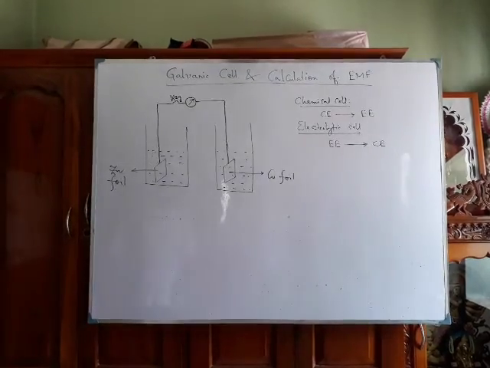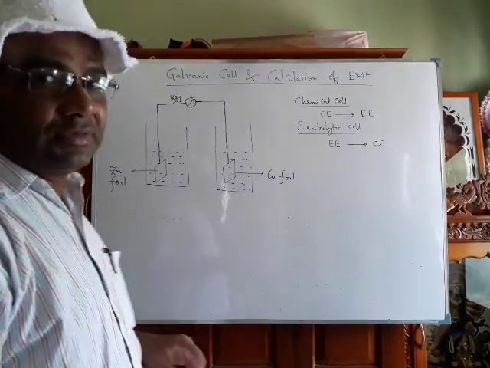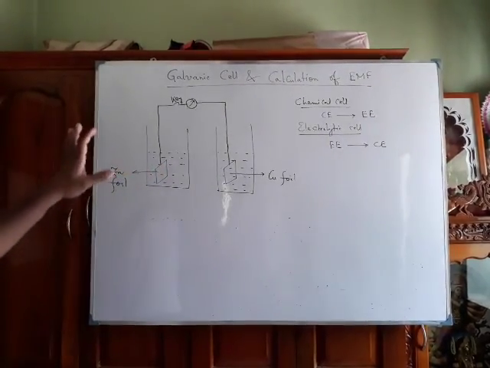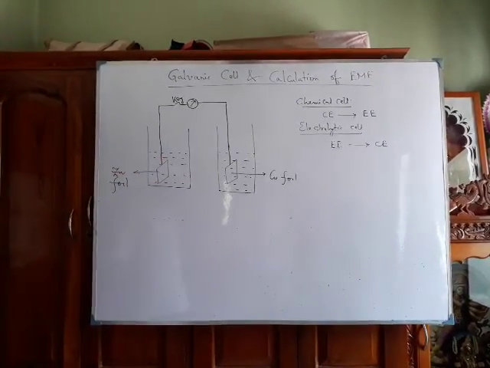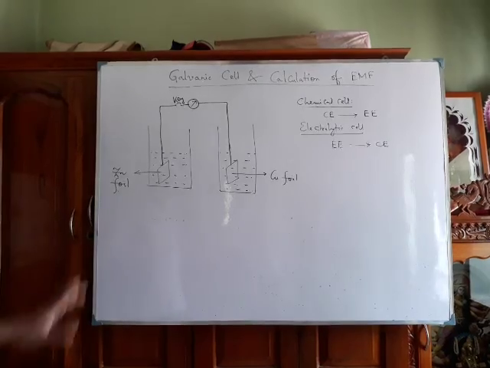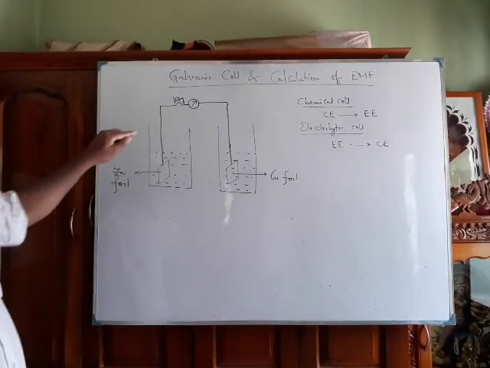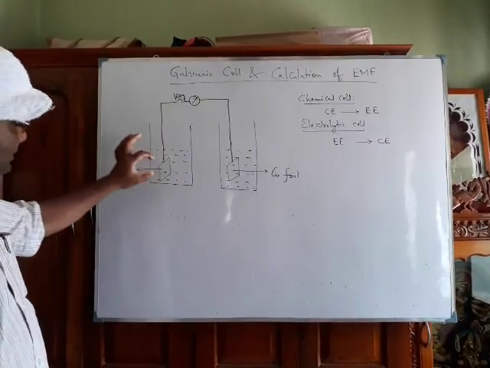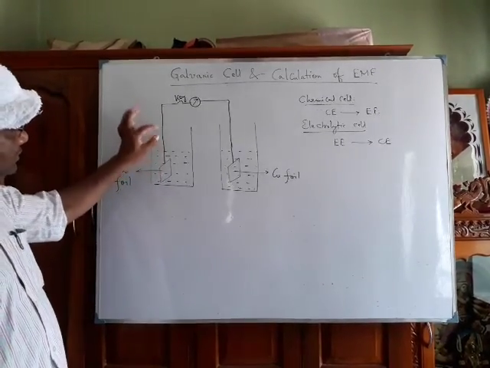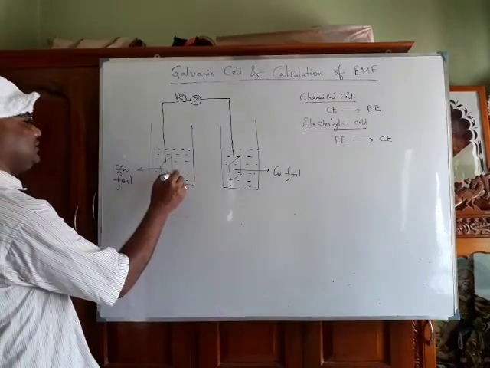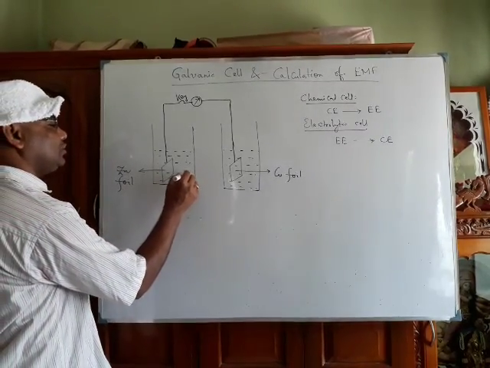Okay, an example of a chemical cell is the galvanic cell. Now, a very interesting point is, look, when a zinc foil fitted with a zinc wire is immersed in zinc ion solution.